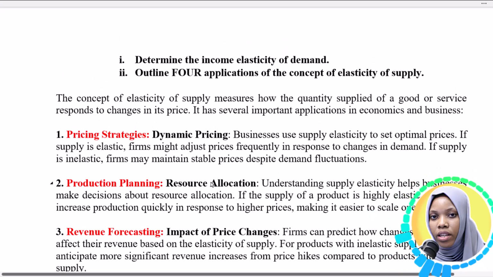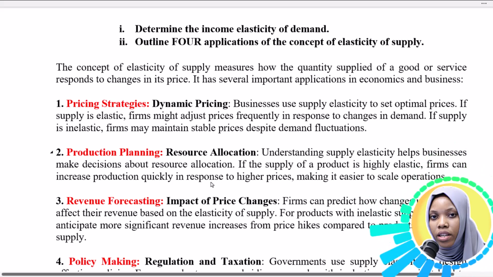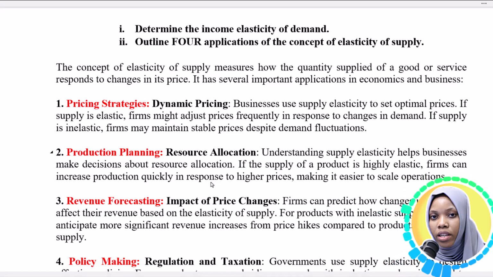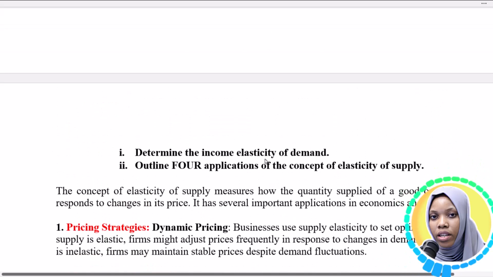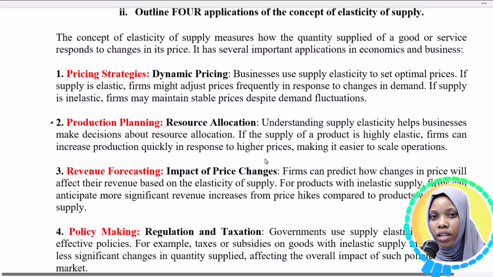It states that supply measures how the quantity supplied of a good or service responds to changes in its price, just like what we did with the income elasticity of demand.